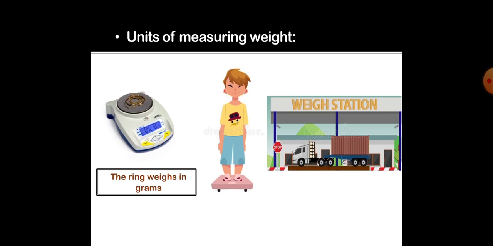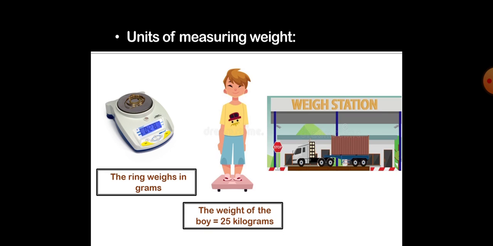And if I want to measure my weight, for example, a person's weight, I can measure it in kilograms. It's a bigger unit than the grams. So the grams are for the small or light things, and the kilograms for heavier things. That means, for example, the weight of this boy can be equal to 25 kilograms.